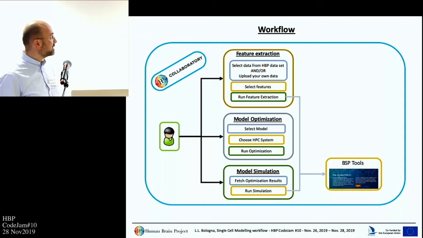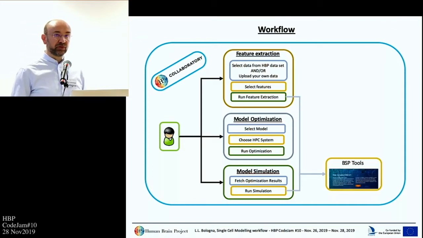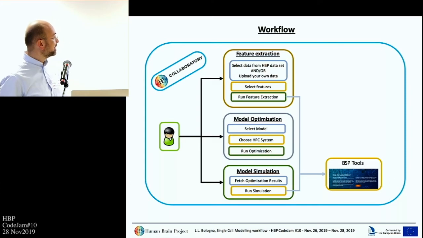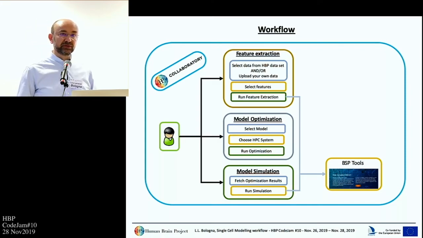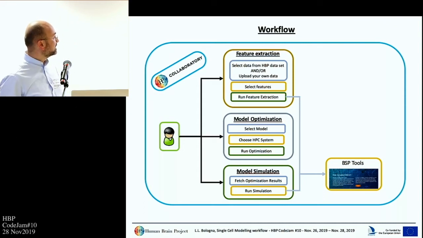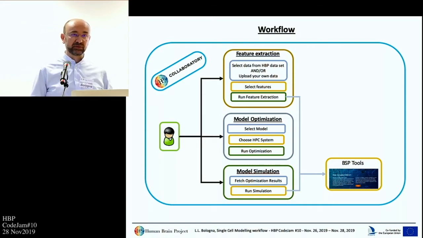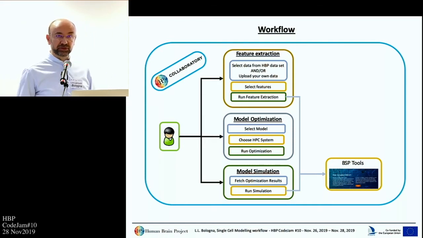And we also integrate this workflow with some tool that is already in the brain simulation platform of the collaboratory, which is the Neuron as a Service simulator, and we use it for the simulation part, and also we use another web application that we integrated in the brain simulation platform to extract the features.